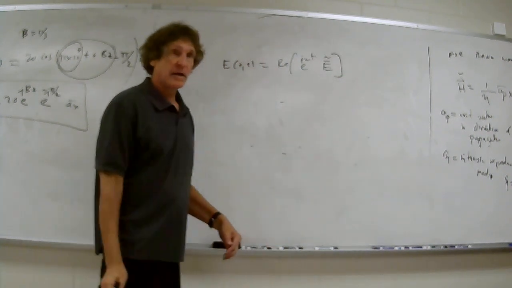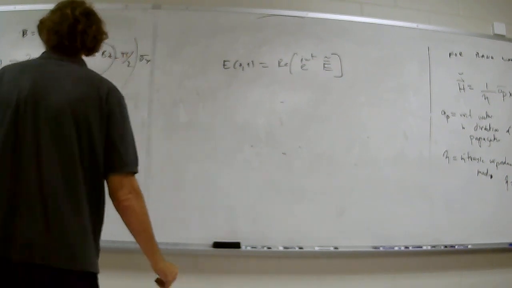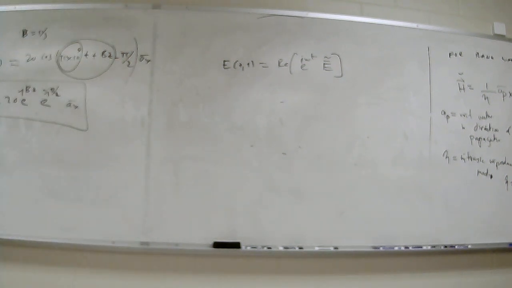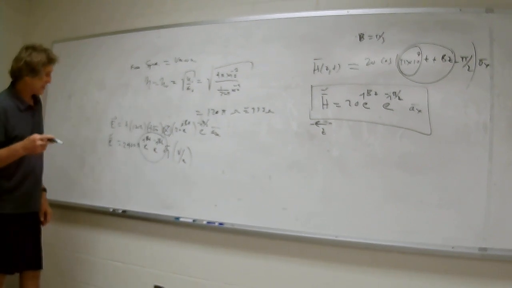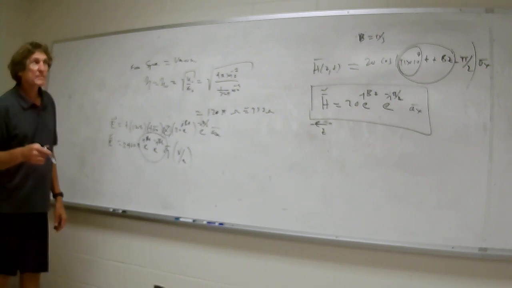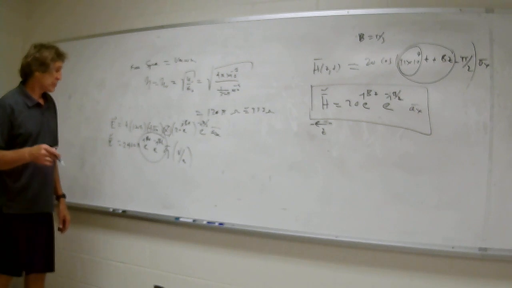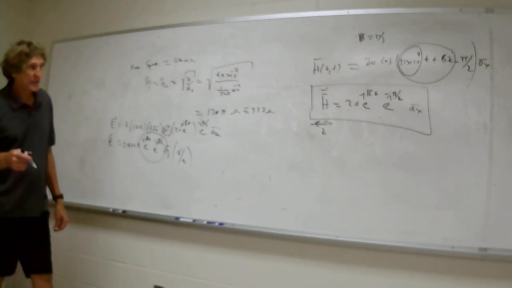Y'all agree with that? Now, what's really going to happen is that e to the j omega t, when it multiplies this, the only thing it's really going to affect is this. You have e to the j beta z minus pi over 2, times e to the j omega t, which means e to the j, omega t plus beta z minus pi over 2. When I take the real part of that, I get a cosine.